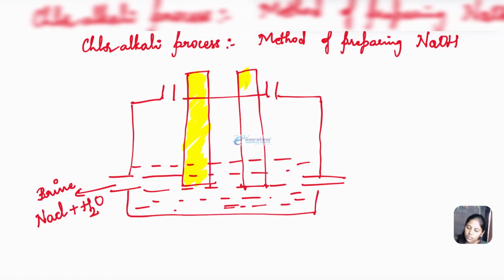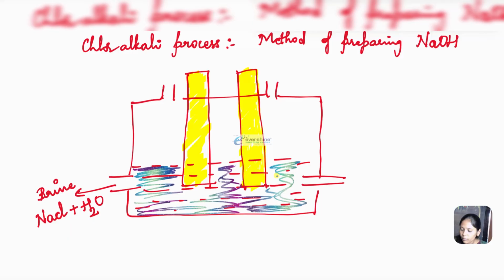Why should we use graphite rods in this? Because graphite rod is a very good conductor of electricity. This blue color I am drawing is brine solution, a mixture of salt and water, NaCl and water.